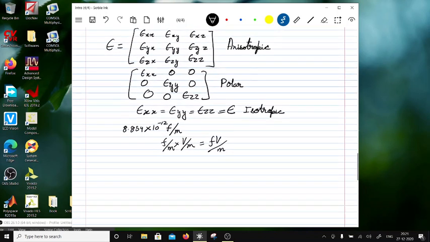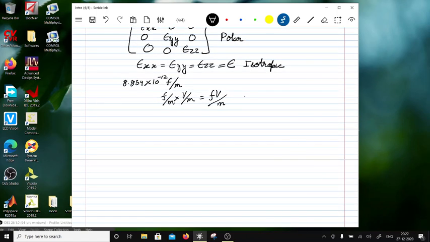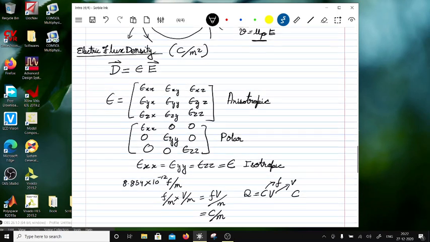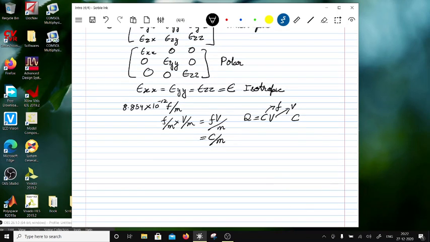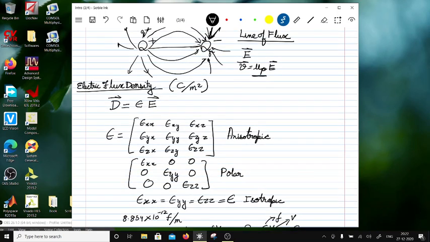Q is equal to C times V, where C is capacitance in farad and V is voltage in volts. So farad times volt basically means charge, coulomb. That is why its unit is coulomb per meter square. So this is electric flux density.